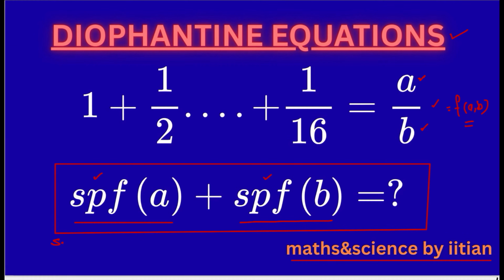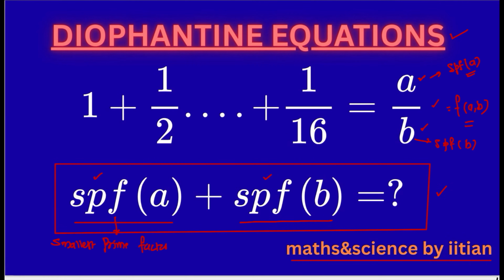SPF is the smallest prime factor. We have to find out the smallest prime factor of A, and the smallest prime factor of B, and by summing them, what will be the value?